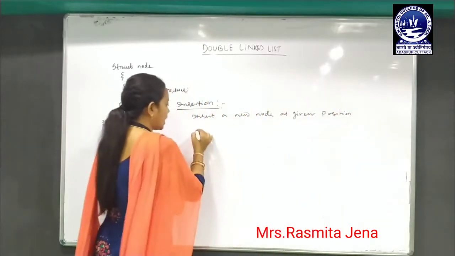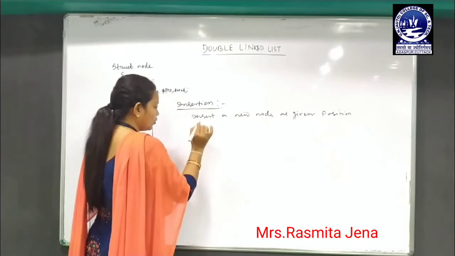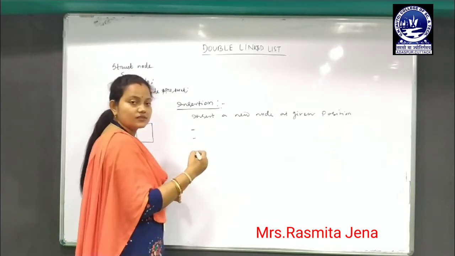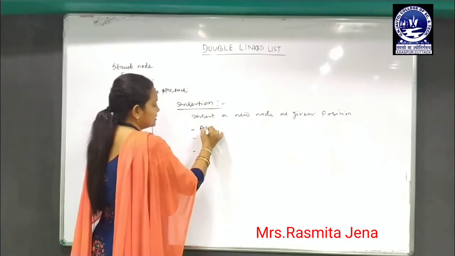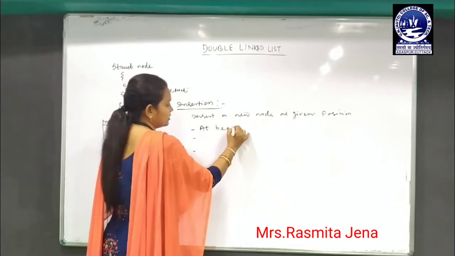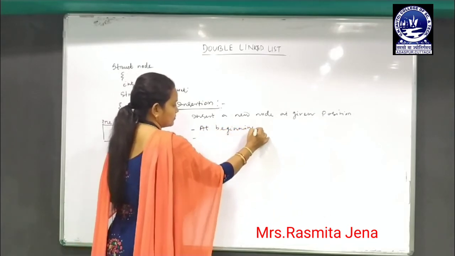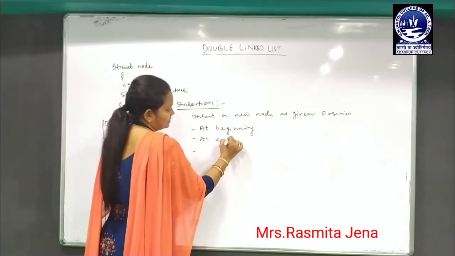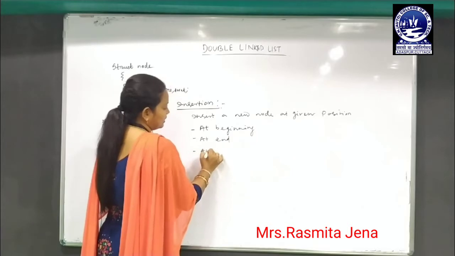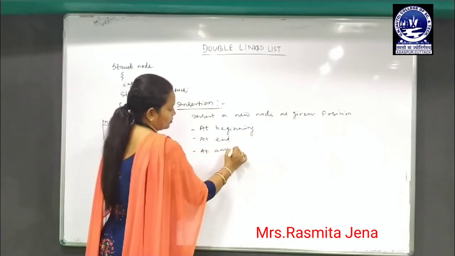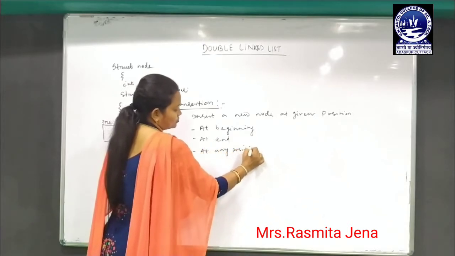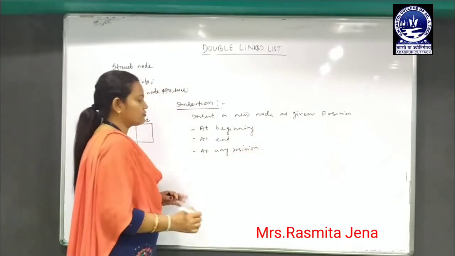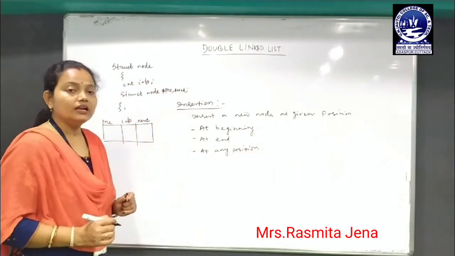Okay, and we can insert the node in three different locations of the double linked list, that is at the beginning of the list, at the end of the list, at any position. Okay. So, these are the three locations where we can insert the node in a double linked list.